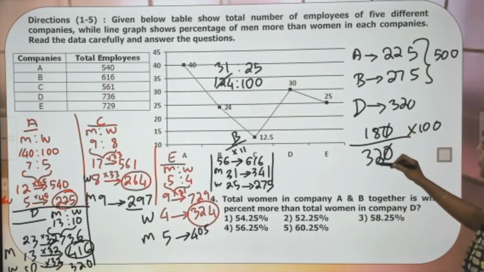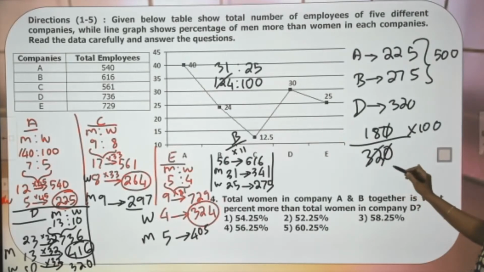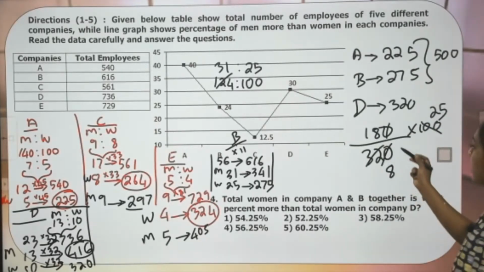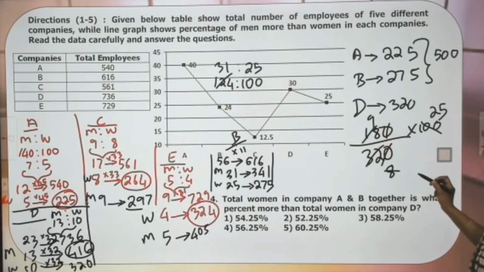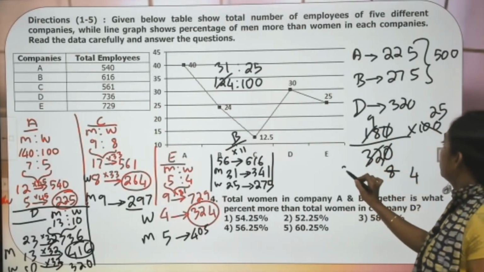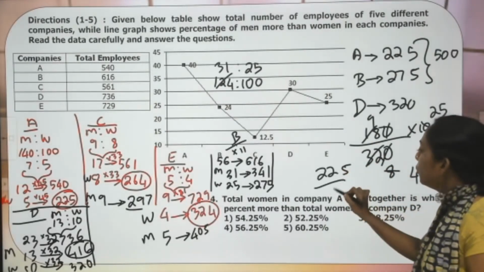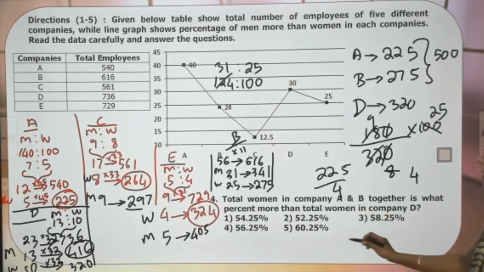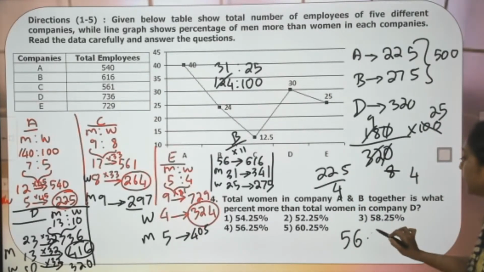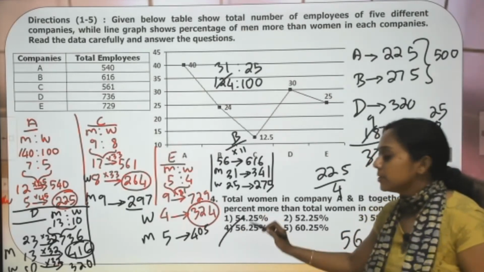Okay, I am simplifying with 4. So this is 8 and this is 25. Again with 2, this is 9 and this is 4. So next 9 into 25, 225 by 4. 225 by 4 means that is 56.25 percentage. That is option 4.